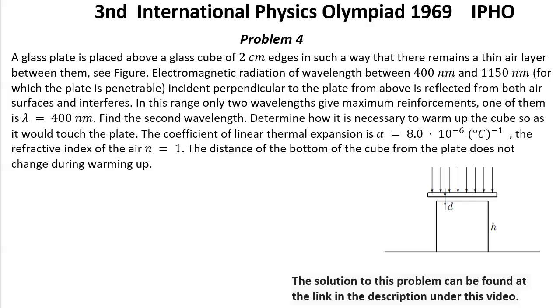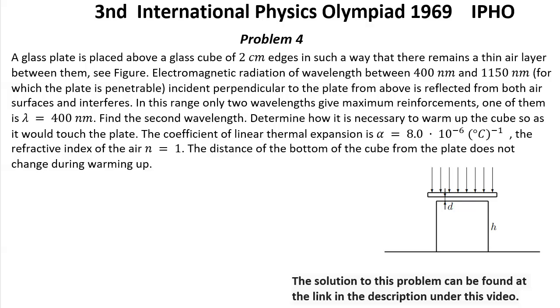Electromagnetic radiation of a wavelength between 400 nanometers and 1150 nanometers, for which the plate is penetrable, incident perpendicular to the plate from above, is reflected from both air surfaces and interferes. In this range, only two wavelengths give maximum reinforcement. One of them is lambda equal 400 nanometers. Find the second wavelength.